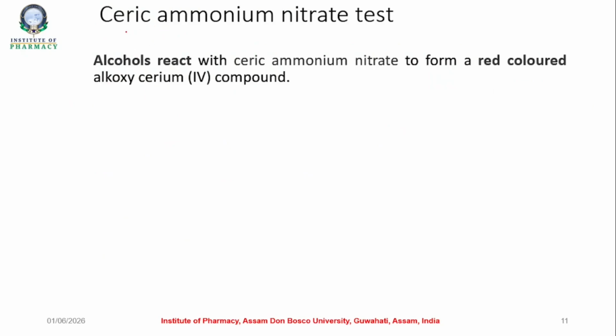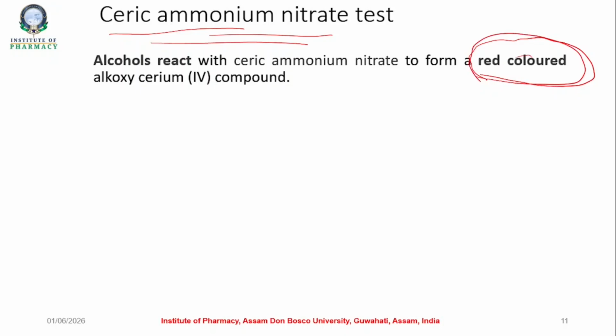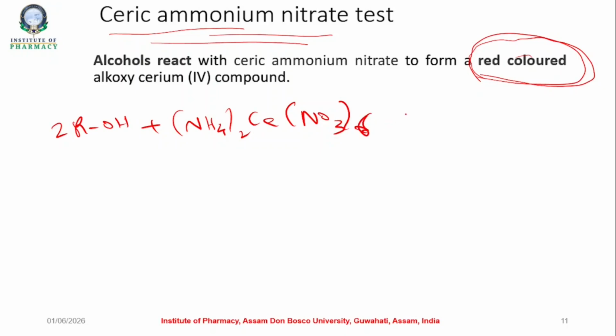Next test is the ceric ammonium nitrate test. In this we see the formation of a red colored precipitate. If we see an example, let us take alcohol, and for this purpose ceric ammonium nitrate is used. So this is ceric ammonium nitrate, which will give us the red or pink color complex.